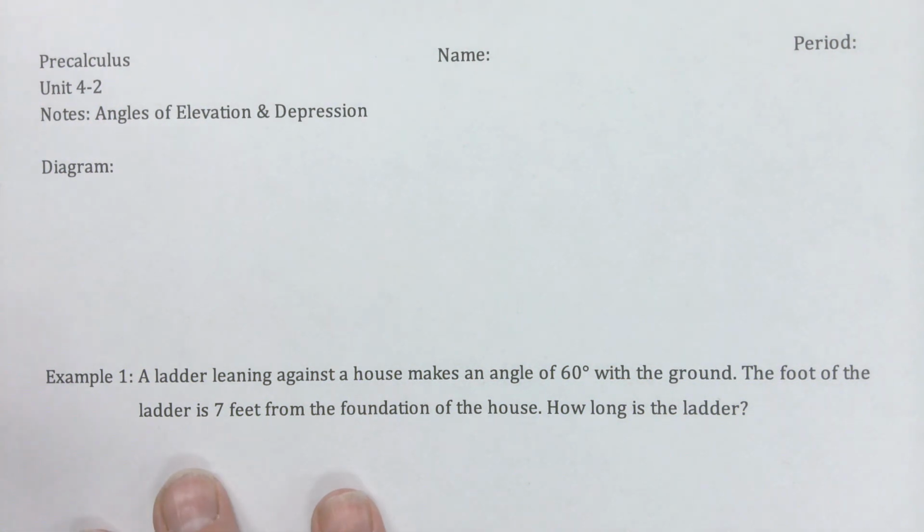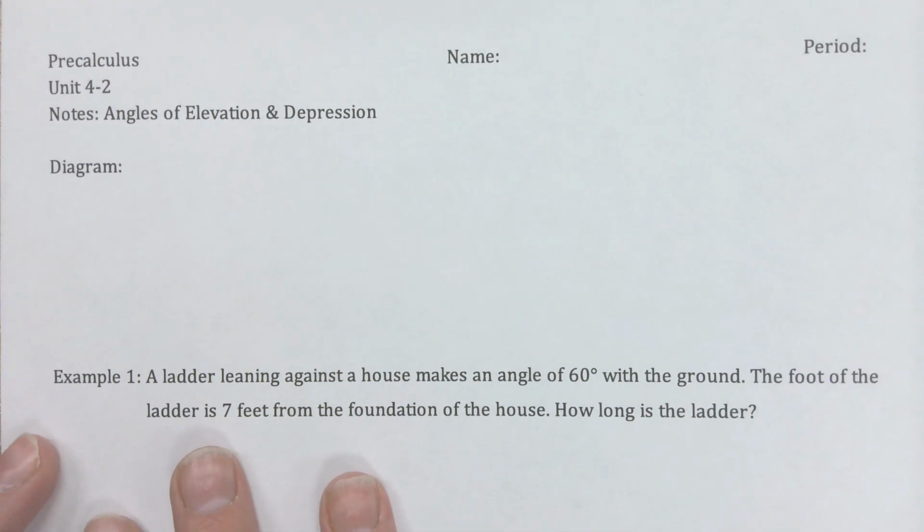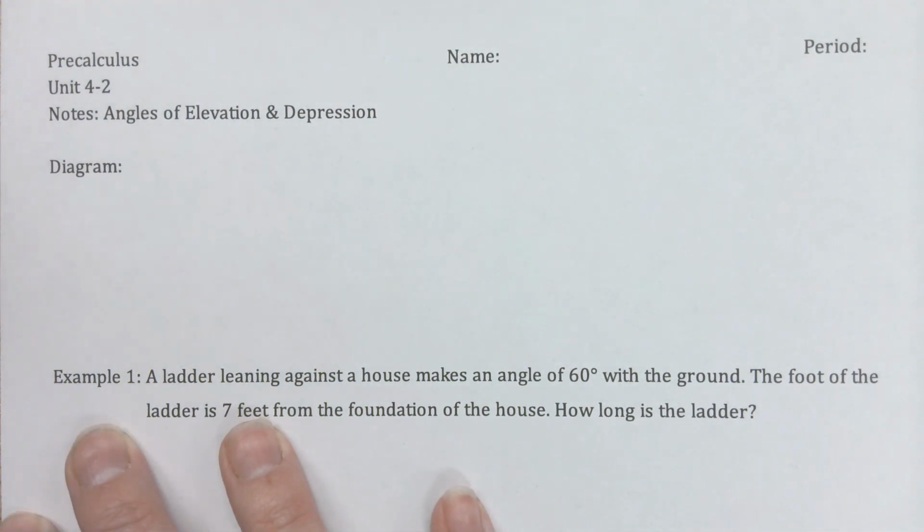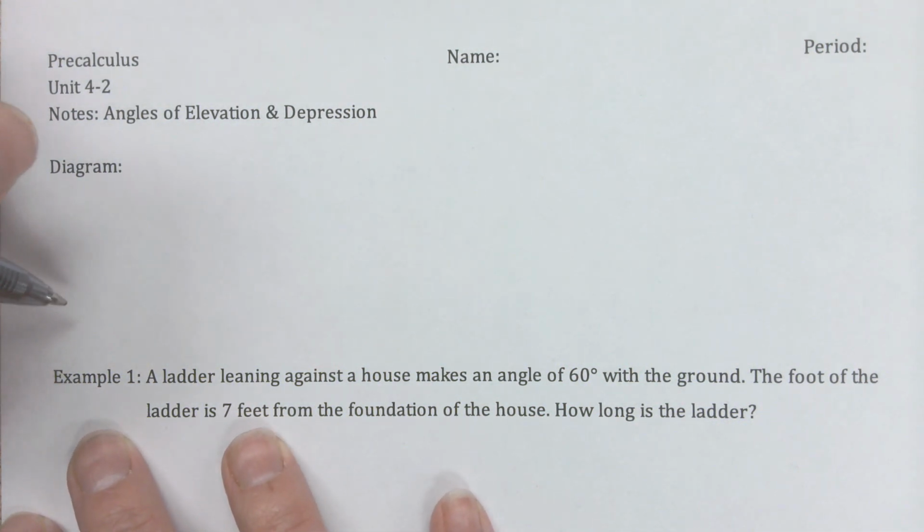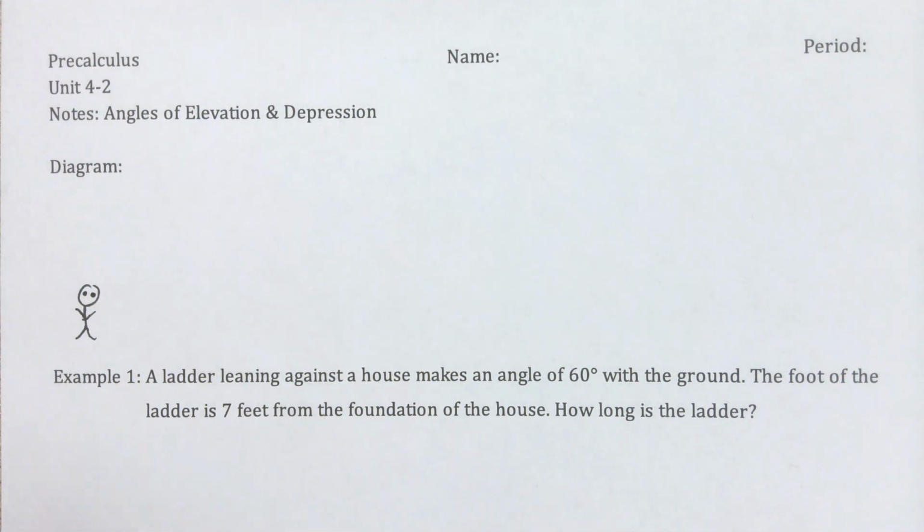So first we're going to do the angle of elevation. And I want you to understand that this is a perspective thing. So we're going to do this from a person's eyes. Angle of elevation, angle of depression, that's really looking up versus looking down. And we have to have a point in the middle where you're not doing either of those things.